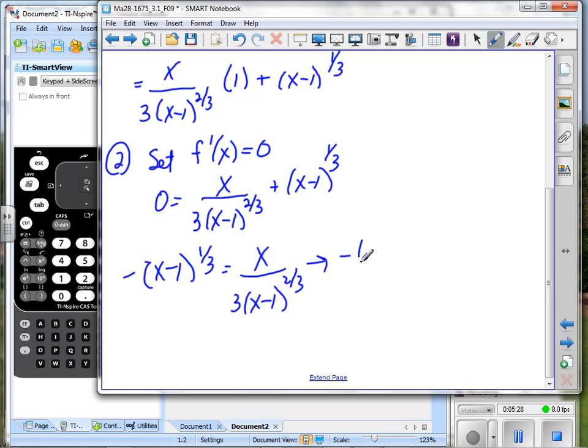Okay, so now I'm kind of getting back to what Phil said, aren't I? Except that I'm multiplying everything by it. Okay, but it's basically the idea. Okay, so now I've got (x minus 1) to the 2/3 power, so I think I've got negative 3 times (x minus 1) to what power?